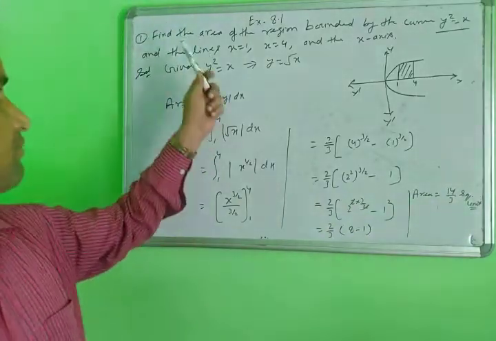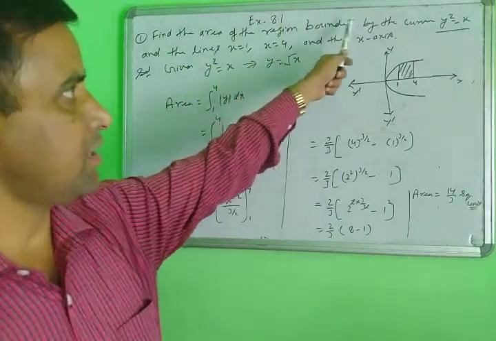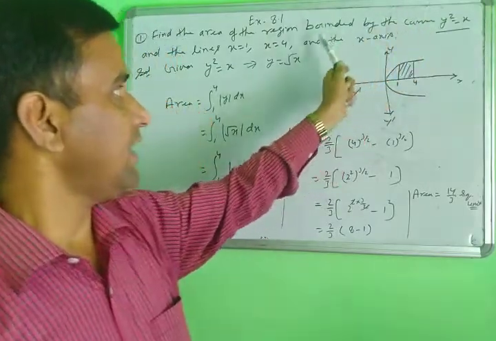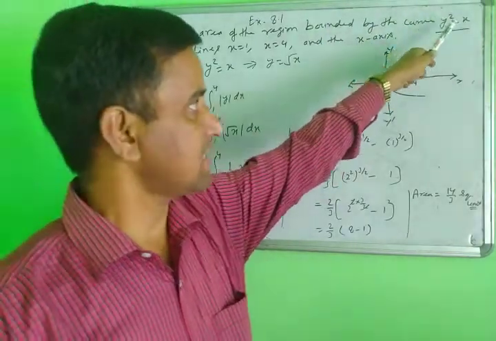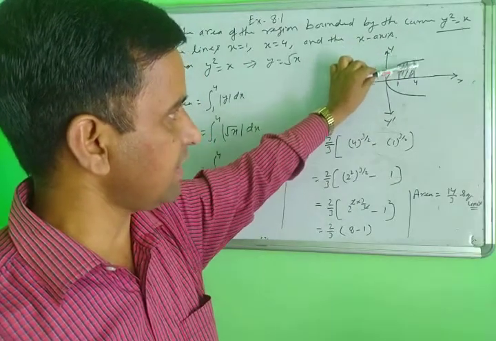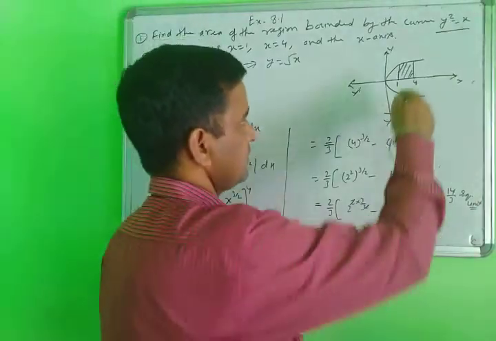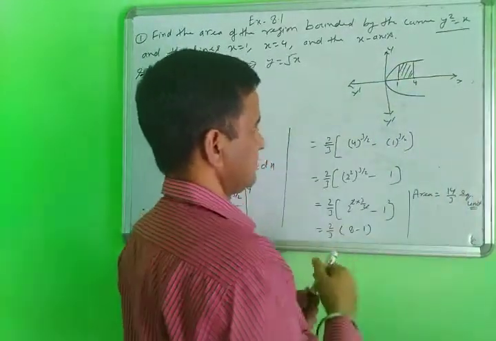First we'll discuss what the question is here. Find the area of the region bounded by this curve and the x-axis. This is the x-axis and this is the curve. You will find the area between this curve and the x-axis. So what is the area?